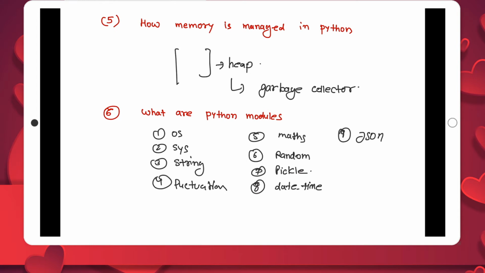All right, now let's go ahead and discuss what are local and global variables in Python. So we have question number 7 here. I'm going to say: what are local and global variables?